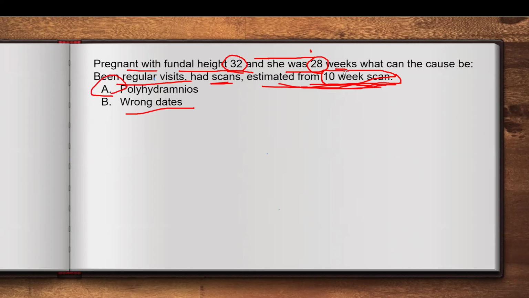If it was a twin pregnancy, it would have been diagnosed earlier. If it was any fibroids, it would have been diagnosed earlier. But polyhydramnios can develop at later stages as well. So even if her previous scans were normal, she can still develop polyhydramnios at any later stage. So from these two options, polyhydramnios is the right answer. Wrong dates has been ruled out because of a correct dating scan.